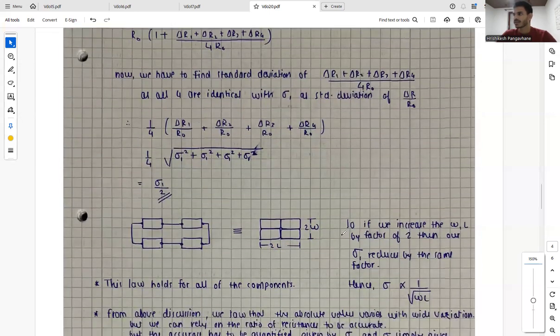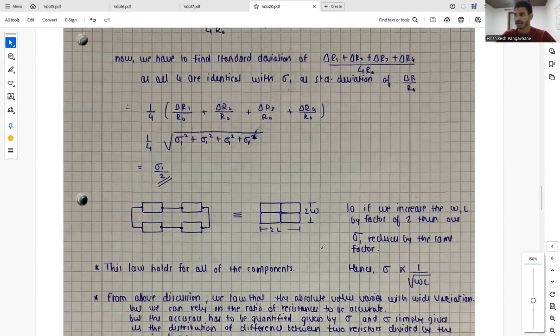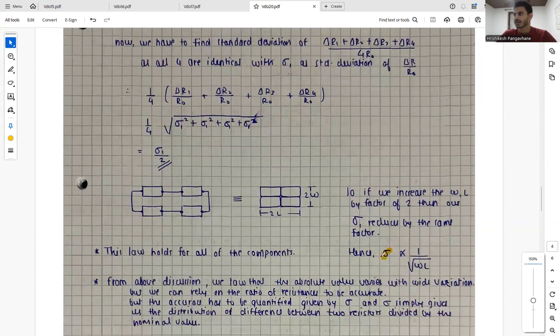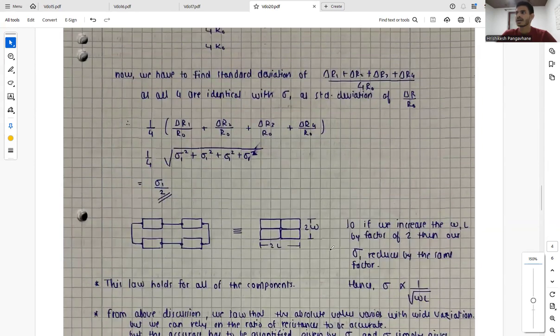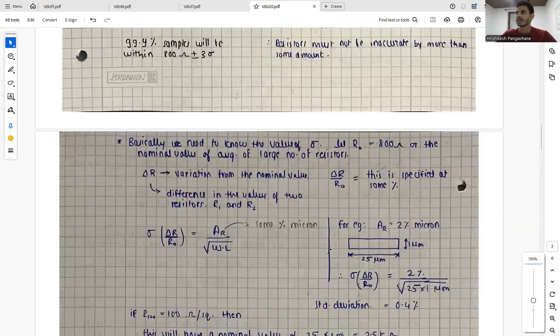So if we increase the width and length by a factor of 2, then our mean deviation reduces by the same factor. So basically the mean deviation is inversely proportional to root of W L, and this is what we said earlier over here.